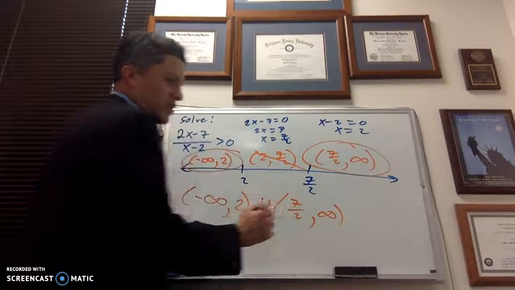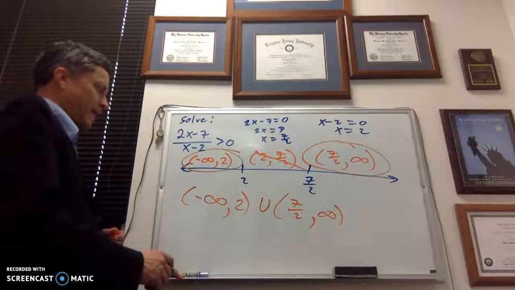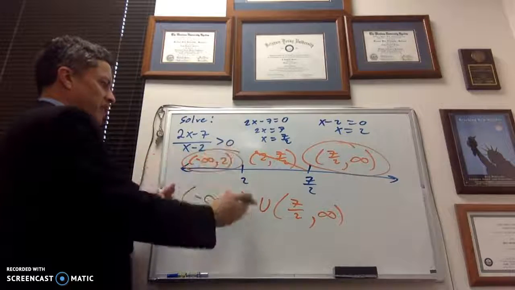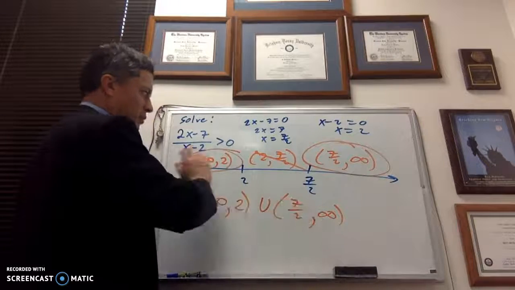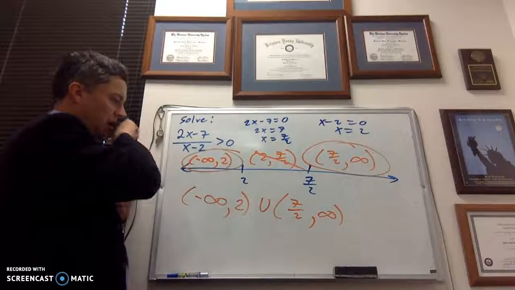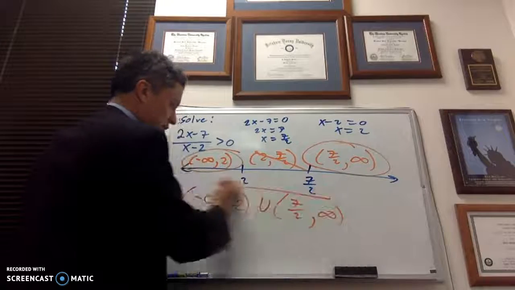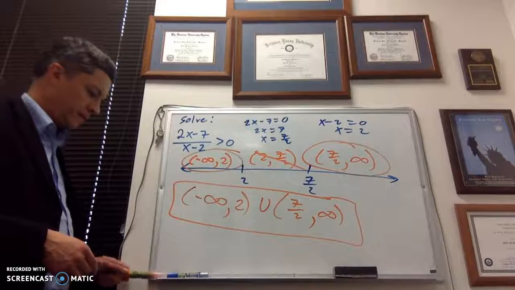So I'm not going to do that this time. If you want to see how to test intervals, you go find them yourself, okay? But your answer is going to be between negative infinity and 2, and then 7/2 to infinity, parentheses all the way across the board because it's not greater than or equal to. And since I have 2 intervals, I'm going to link them with the union sign. So there is your answer right there.